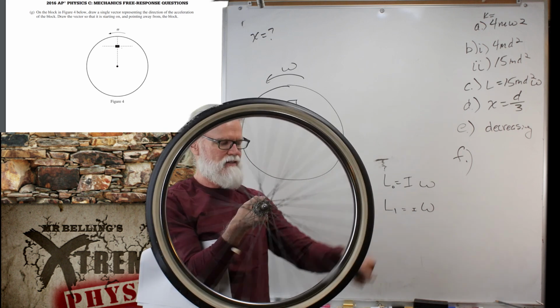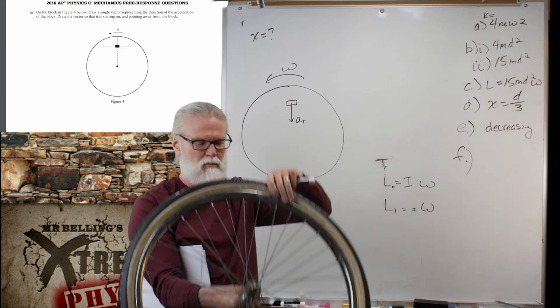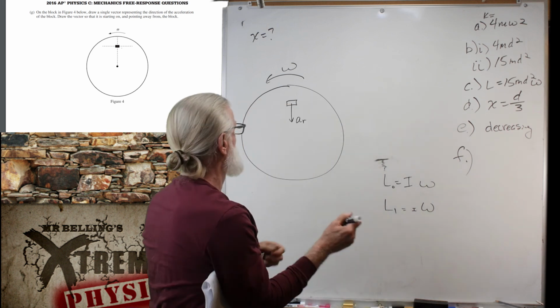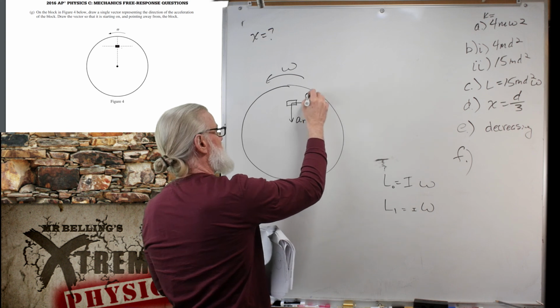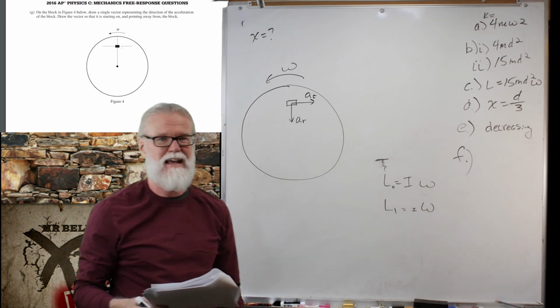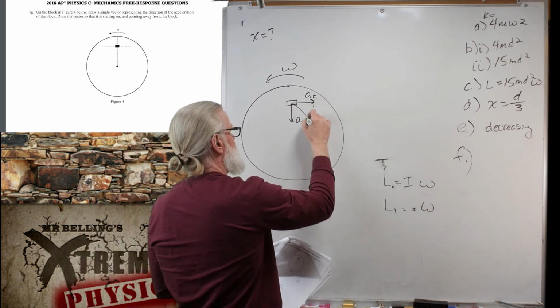But this has to travel a greater distance. So the things on the outside are moving faster. So this object, as this is spinning around, has a tangential acceleration this way. It's slowing down as it's going towards the center. So it has those two things. So if you add those up, you get that.